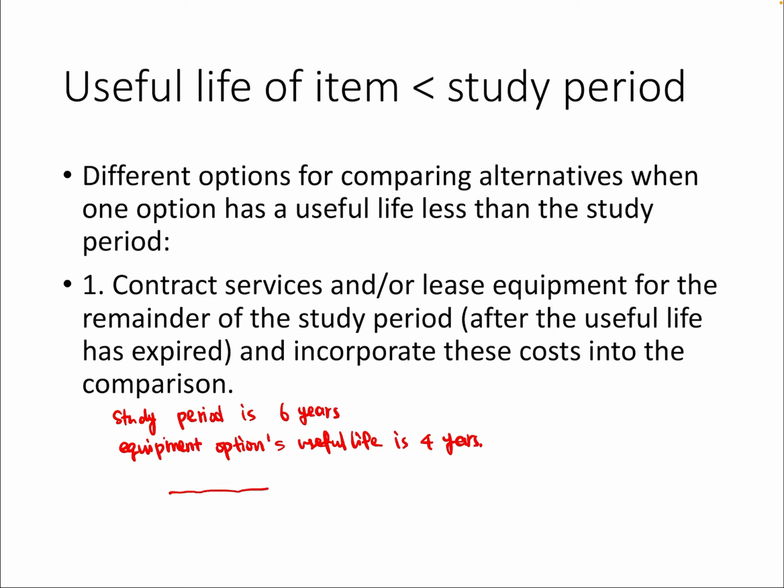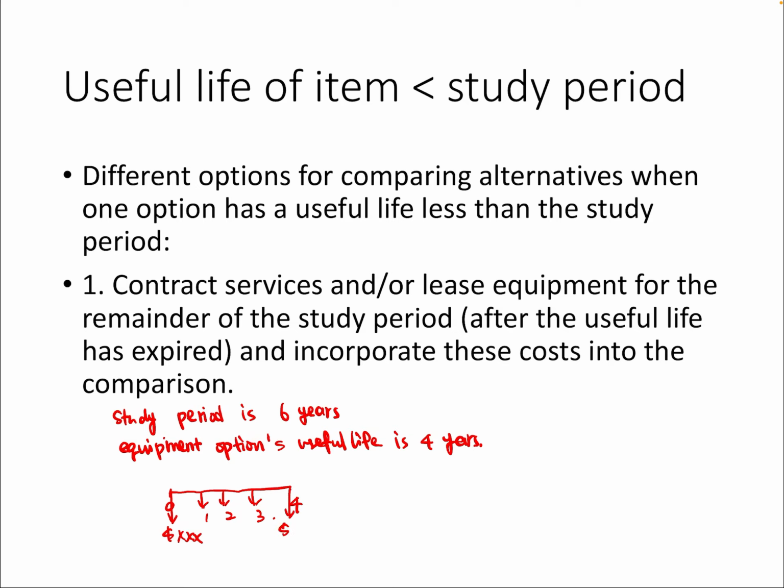Okay, so for example, this is the 0 to the 4 years. So for the equipment, you might pay some dollars at the beginning, and then you have maintenance fees. Okay, and then you're gonna assume that at the end of the 4 years, you need to lease, for example, a new one.